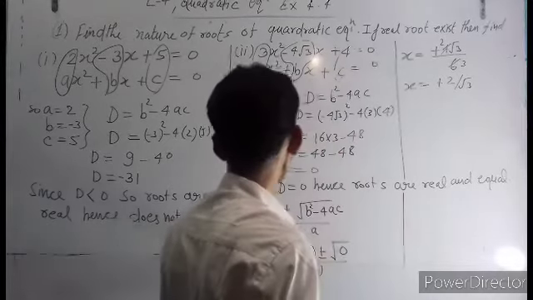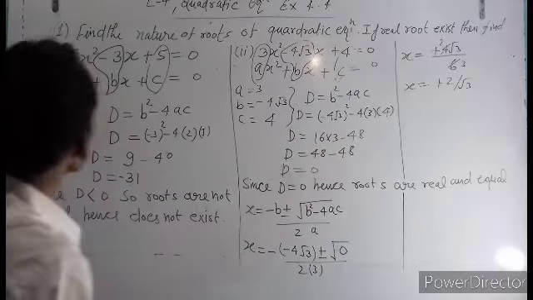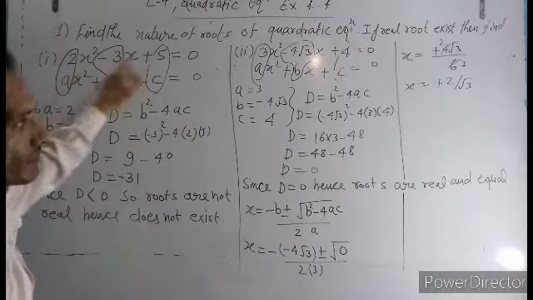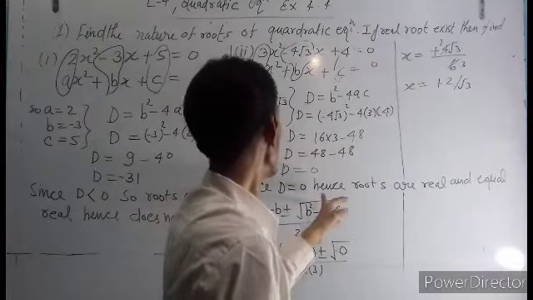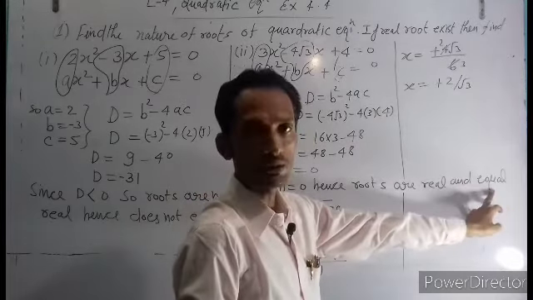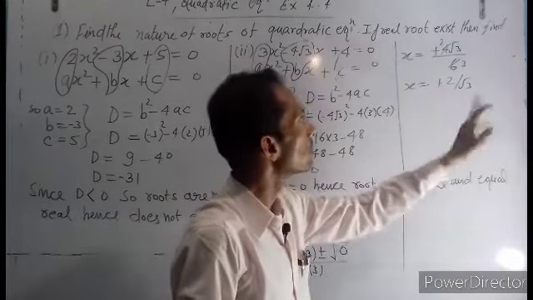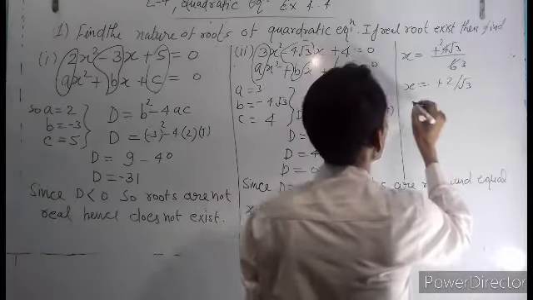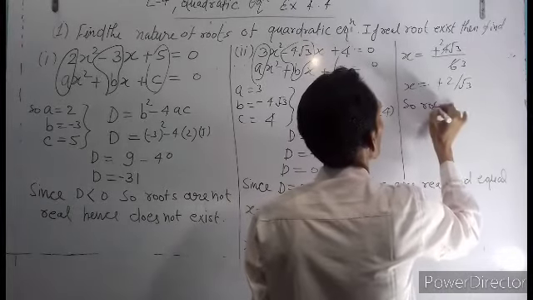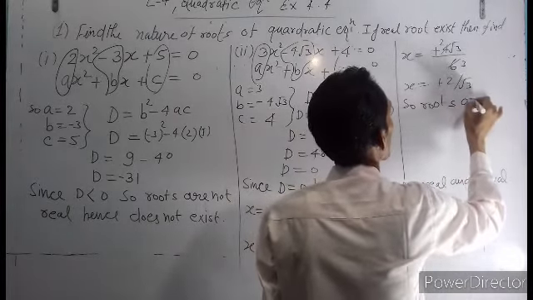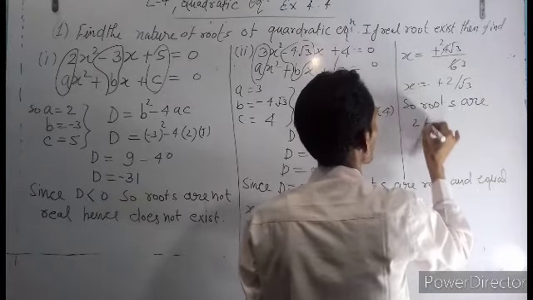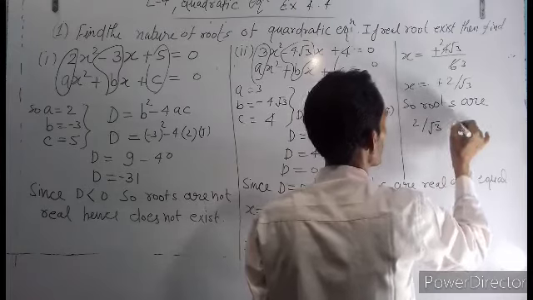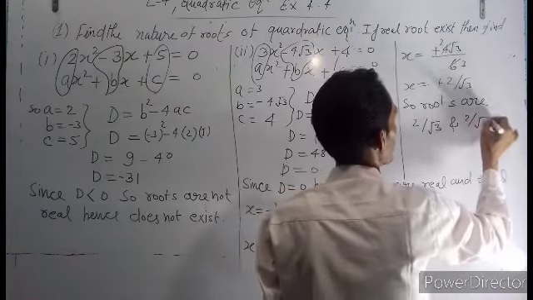Since this is a quadratic equation, its roots will be two, but we found only one. Hence the roots are real and equal, so the second root will also be the same. So the roots are 2 by root 3 and 2 by root 3.